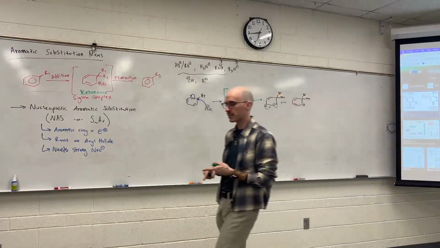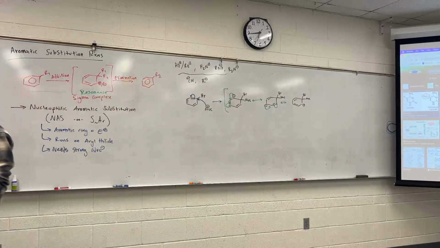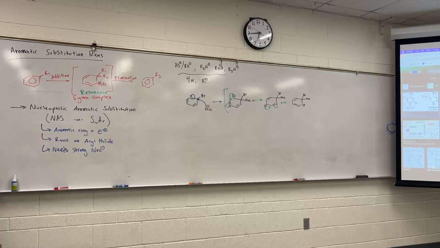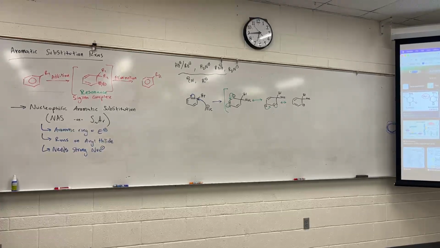For the elimination step, a few things to consider. 1, I started with aromaticity in my structure. That's a desirable thing from an energetic standpoint. Does my sigma complex have aromaticity? Why?